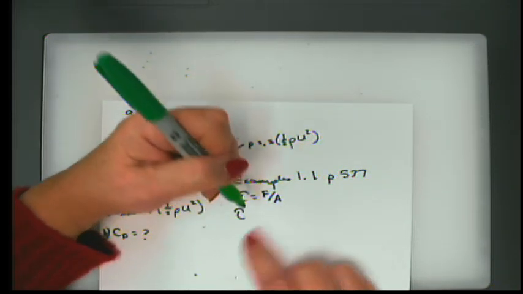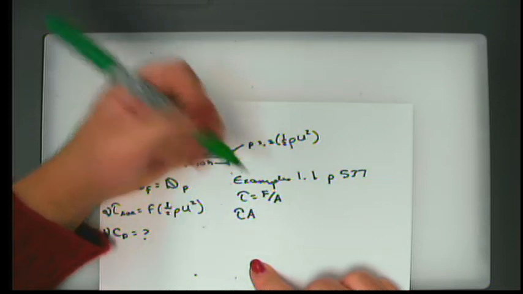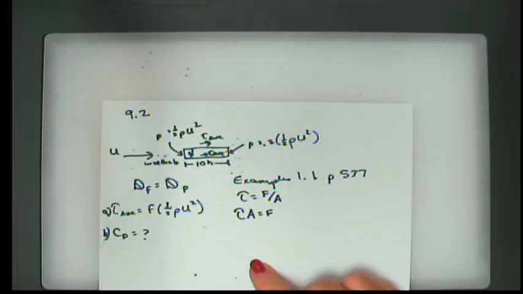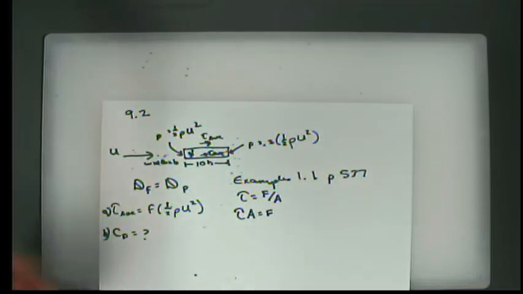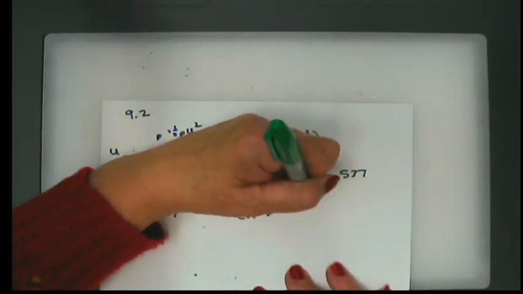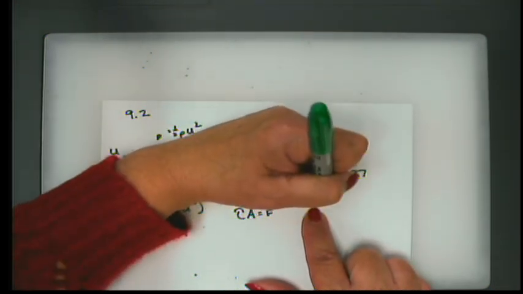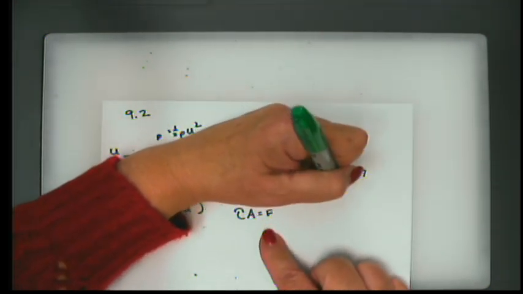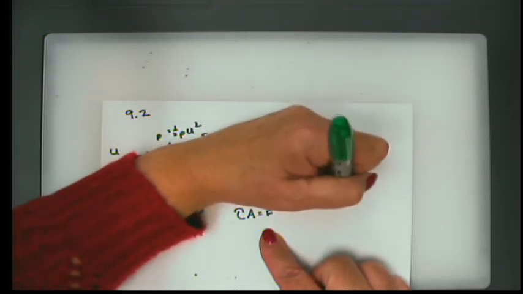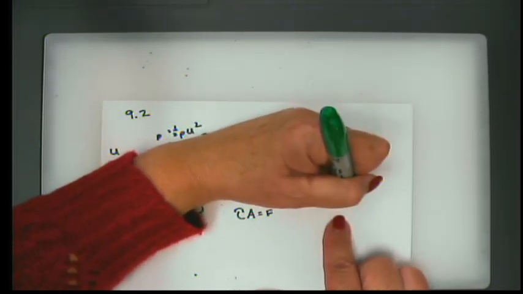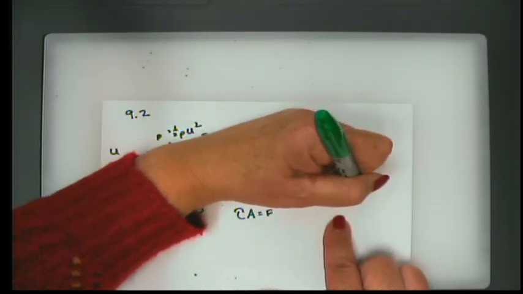If we multiply through by A, tau times area is equal to a force. We also know that drag, because drag is a force, is going to equal some sort of an integral of tau dA.